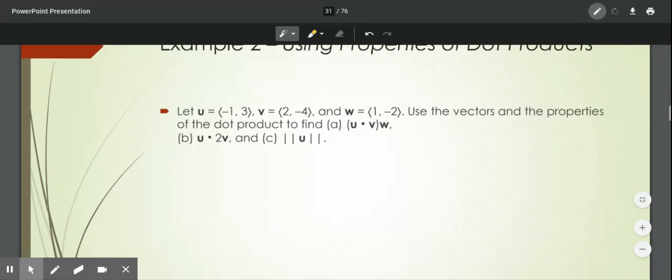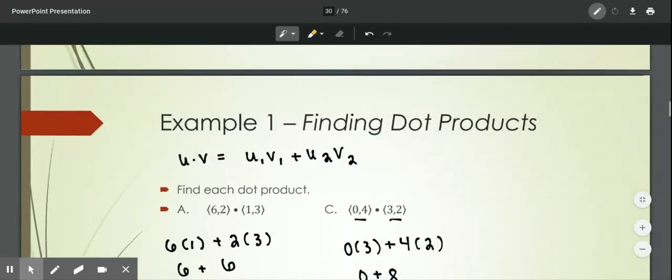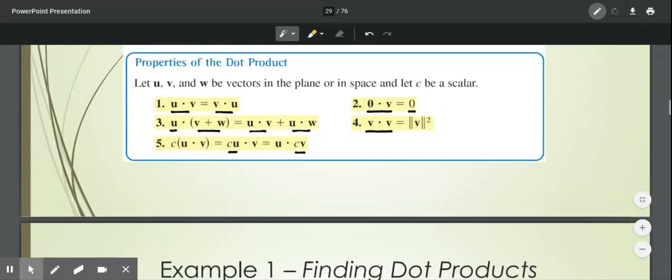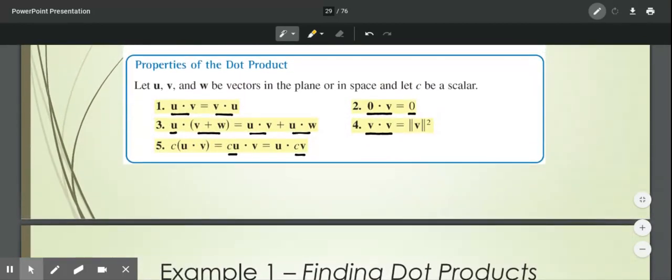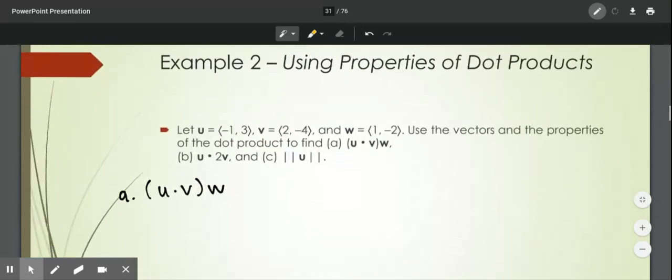Right, so for A, if we're doing u dot v times w, if you go back to your rules that we had in the previous slide, oh, we didn't have a rule for that one, so we just have to make this one up.